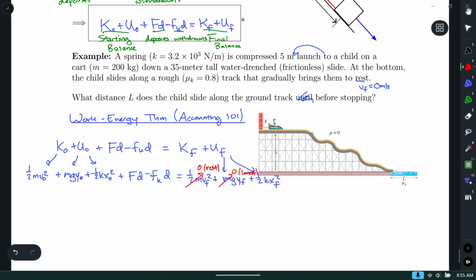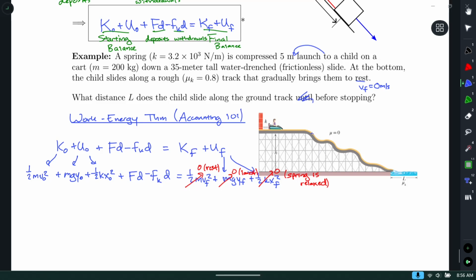Once they're at the bottom of the slide, the spring has definitely come to a stop, fully relaxed. So here, the spring is relaxed. We've pretty much knocked out the whole right-hand side. On the left-hand side, we know the spring's compressed, so they have initial elastic potential energy. We know they're high up, so they have gravitational potential energy. So we're just down to those other three terms.